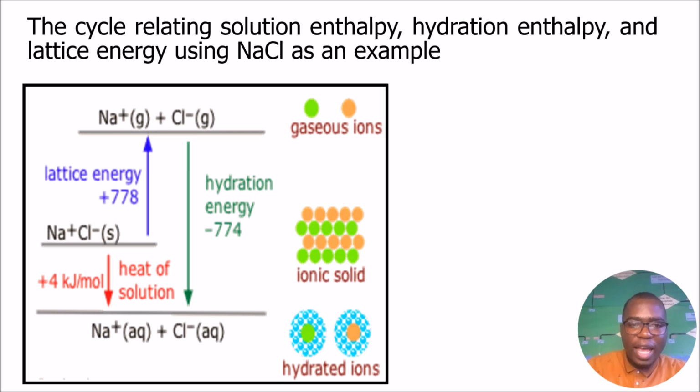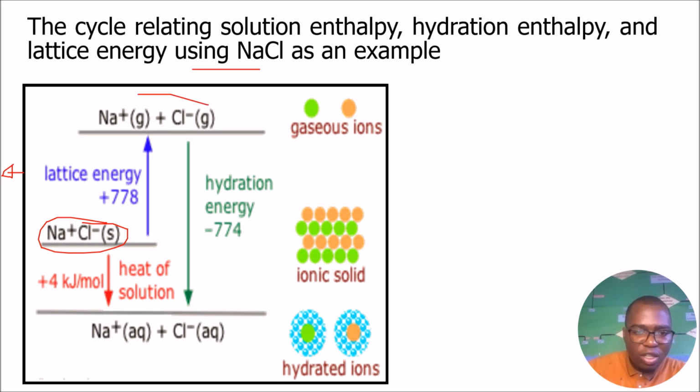The cycle relating solution enthalpy, hydration enthalpy, and lattice energy, using sodium chloride as an example. This one here, we will safely call an energy level diagram. Please take note, this is an energy level diagram. Again, we are starting with sodium chloride as a solid. If we break this apart into the gaseous ions, then we are dealing with the lattice energy.